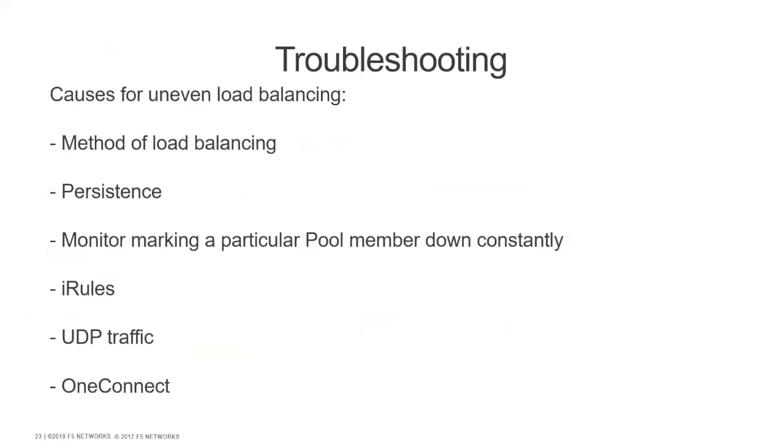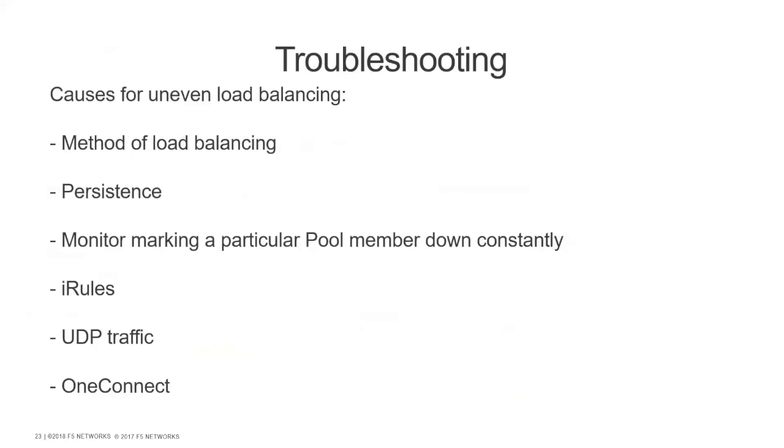The second one is persistence. This one is really important. This is why I mentioned it before. Persistence actually overrides load balancing, because if we have persistence and we see the same client that we saw before, there is no load balancing. We're simply going to return the same client to the same pool member.